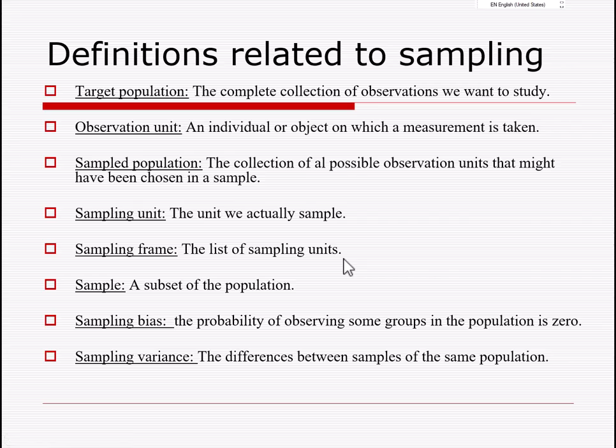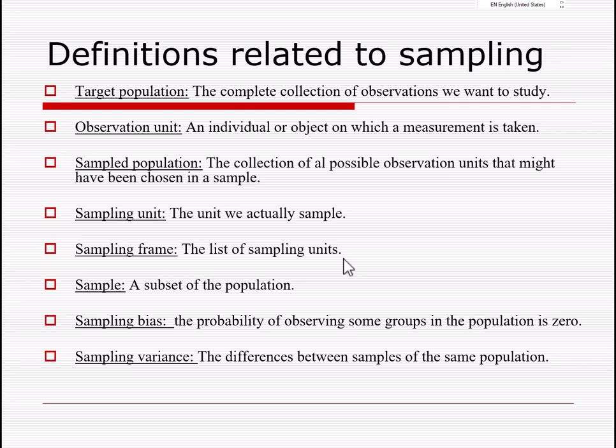The sampled population are those that we have a chance of sampling because they are in the sampling frame. The sampling frame is the list, with contact information, for the population. So the sampled population has to be represented in the sampling frame.